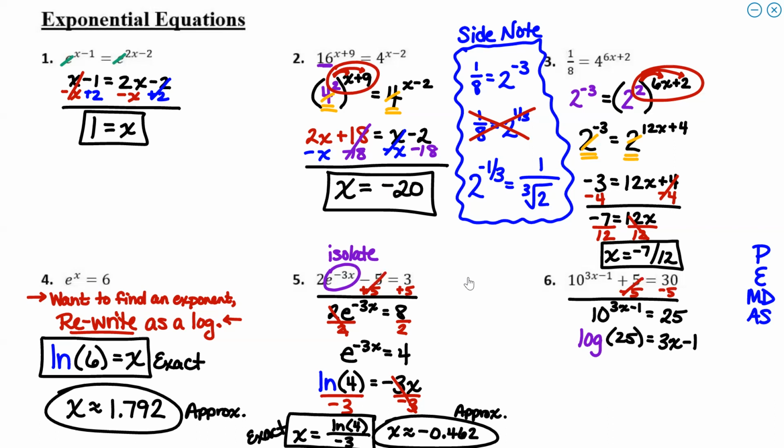That solution: x equals 7 natural log of 2 over 2 natural log of 3 minus natural log of 2. What's our approximate solution to this one? 3.226.